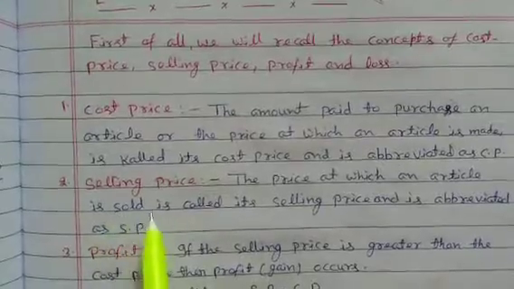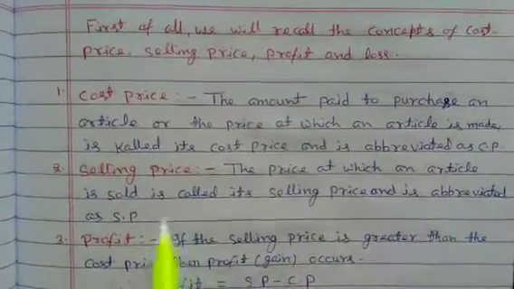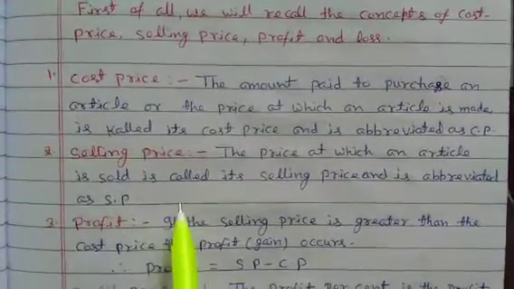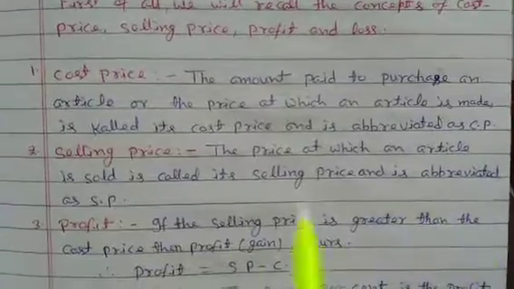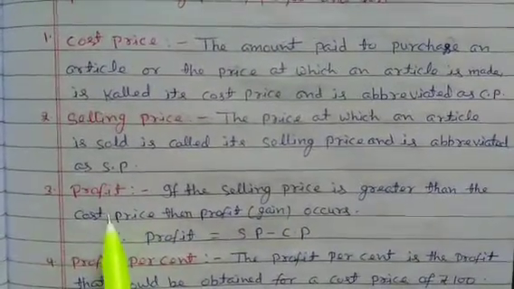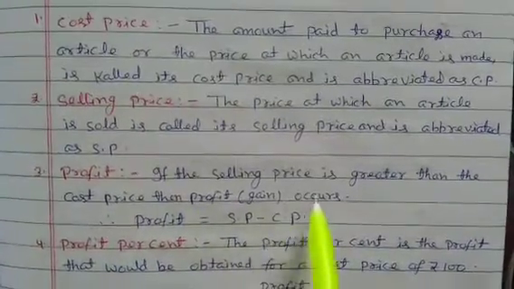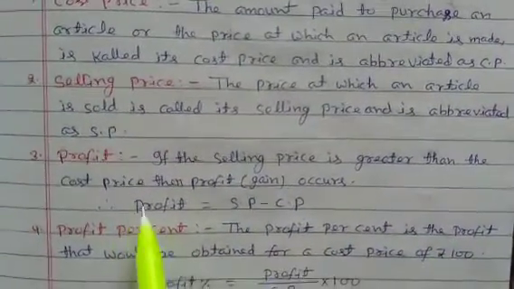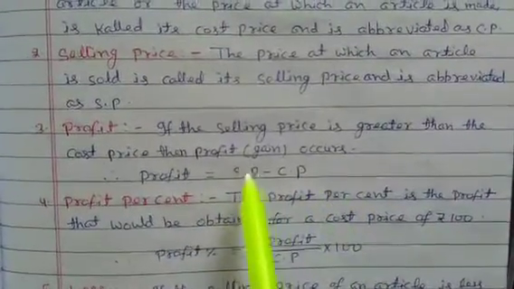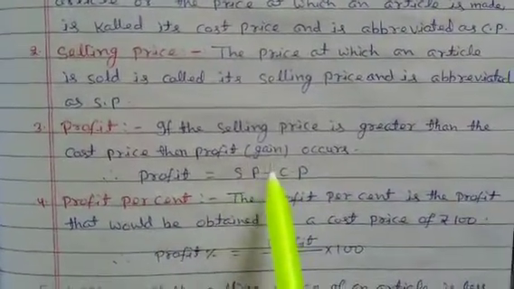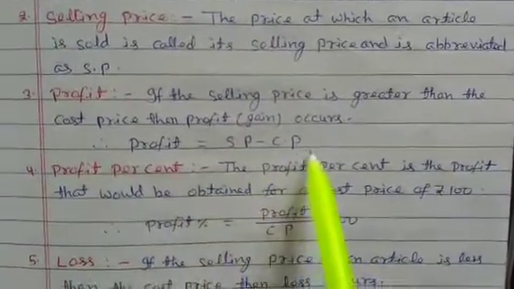Second, selling price: the price at which an article is sold is called its selling price and is abbreviated as SP. Third, profit. If the selling price is greater than the cost price, then profit occurs. Profit is also known as gain. So, profit is equal to SP minus CP.